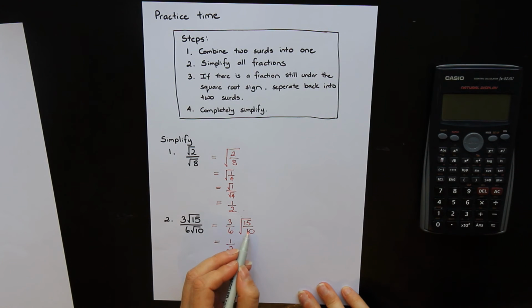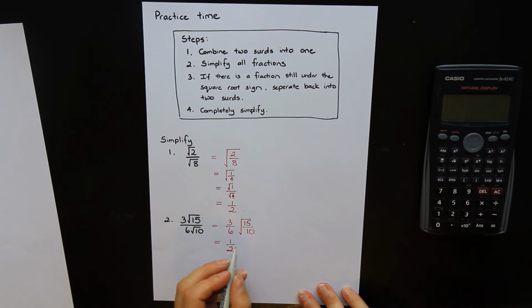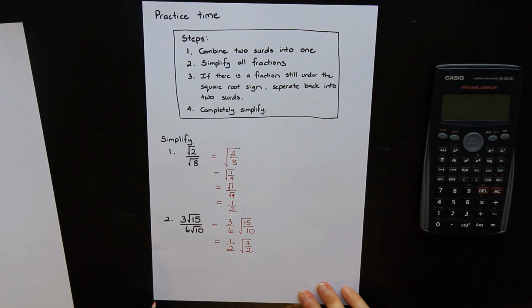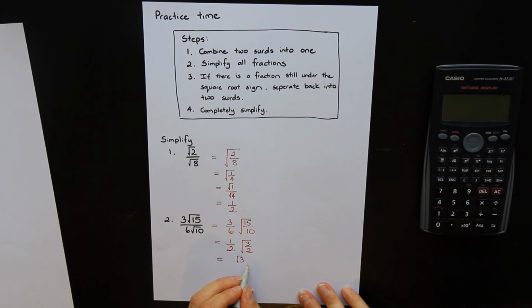And 15 over 10 we can divide by 5, giving 3 on the top and a 2 on the bottom. Still have plenty of fractions in there, so let's split this surd back apart, giving me the root 3 on the top to multiply with the 1, which is just root 3. And on the bottom we have a root 2, and we have this 2 which needs to go in the front. And that is the final answer.